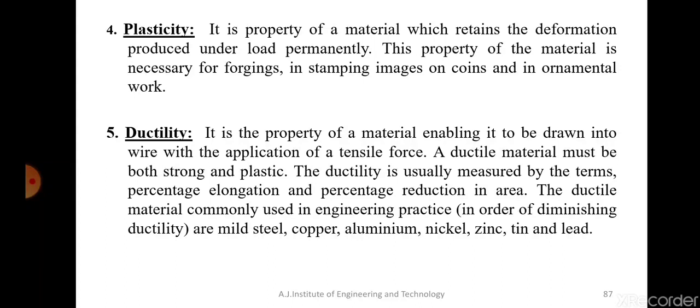So if the deformation becomes permanent, then we can give any shape into that. So the application will be as it is mentioned here in stamping images on coins, as well as in making ornamental works, so in jewelries and other things. So you heat it, and when you make it into a particular shape, it will permanently remain there. So that property is called as plasticity.